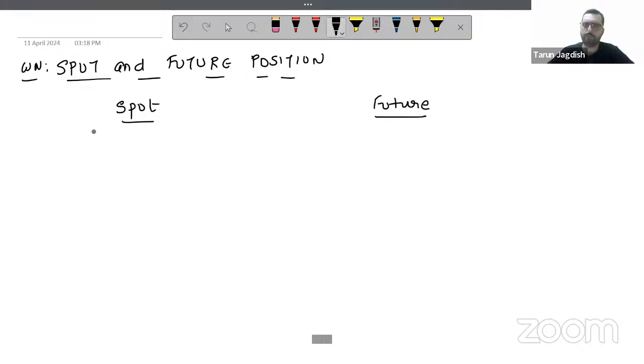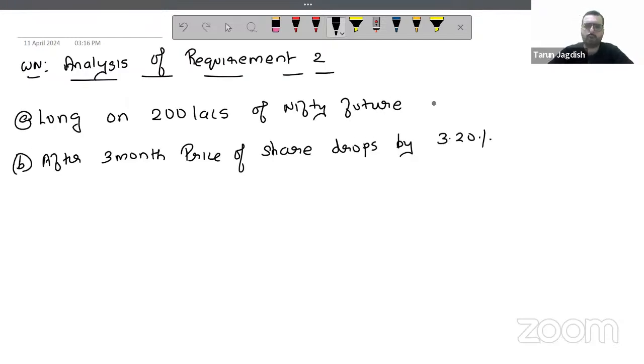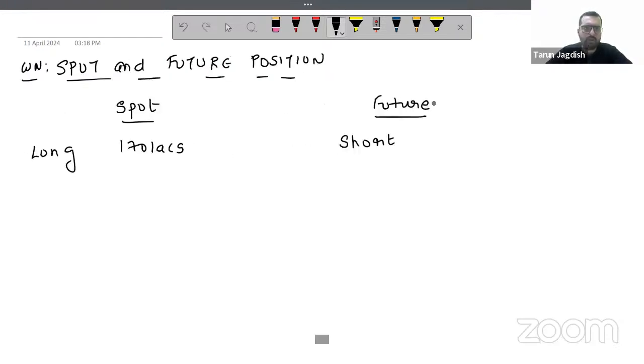In the spot, I am long for a value of how much? 170 lakhs. Correct? In future, I am short for a value of how much? I'm long again. I'm not short. I'm going to be long over here again. Long for 200 lakhs.